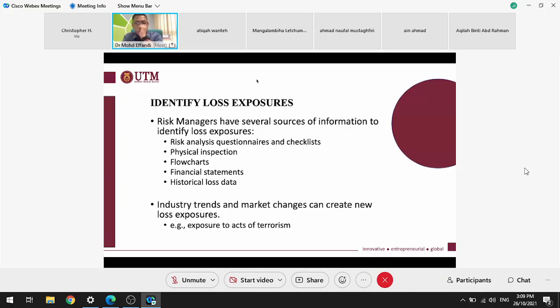And then we have physical inspection, and in finance we have what we call auditing. We will send someone to do the audit, to make sure that everything is in place, so that you follow certain procedures, certain regulations and laws.